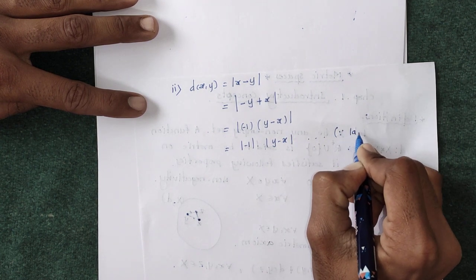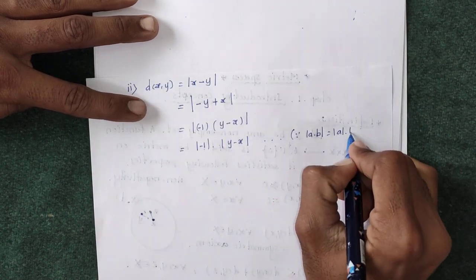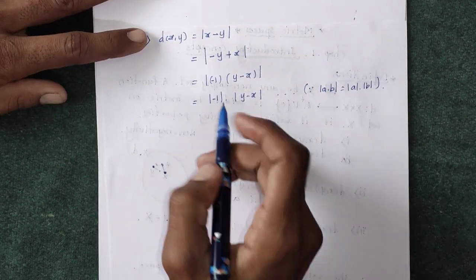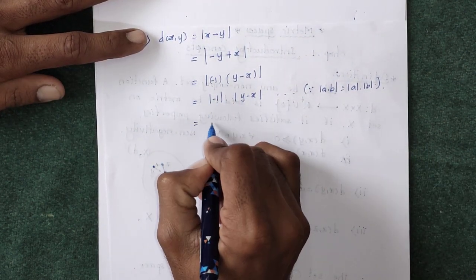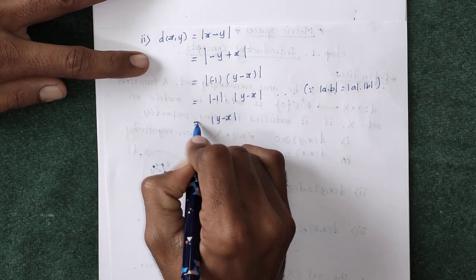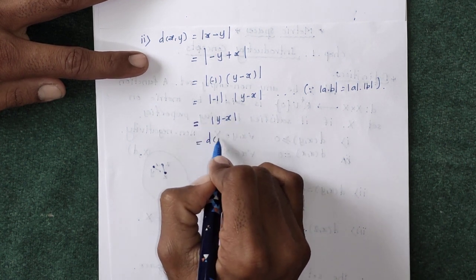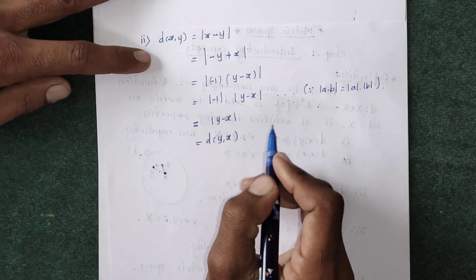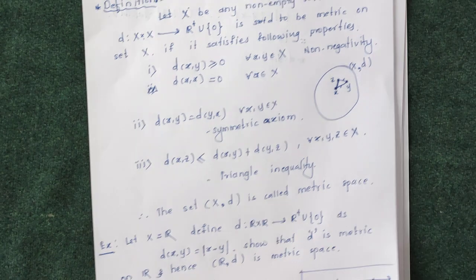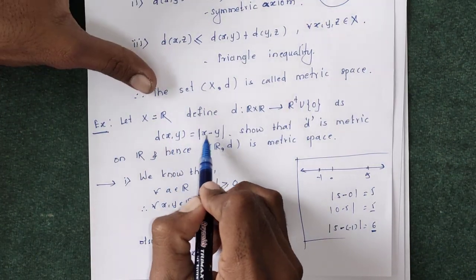Since mod of a into b is equal to mod a into mod b, these properties we have seen at the T.Y.B.Sc level. So mod of minus 1 is 1, so 1 into mod y minus x is mod y minus x, and by definition of metric, mod y minus x is equal to distance of yx, since the definition of distance of xy is equal to mod x minus y.